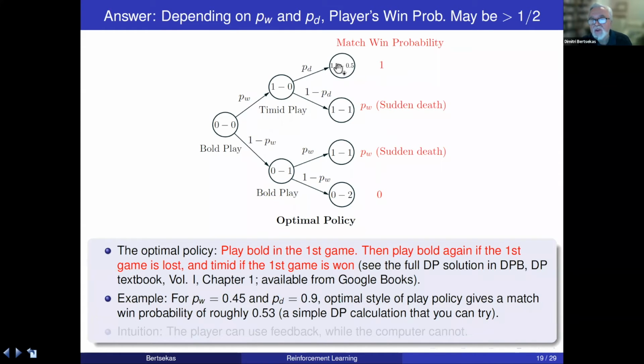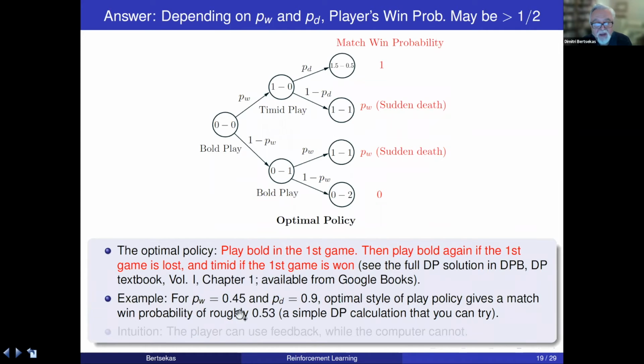So this branch of the tree has this probability PW plus PW plus PD, and then the probability of this branch is the product of these two probabilities, and so on. So from this tree, you can calculate the match win probability, and it turns out that it is possible with the right choice of PW and PD that you will get an overall probability that's better than 50%.